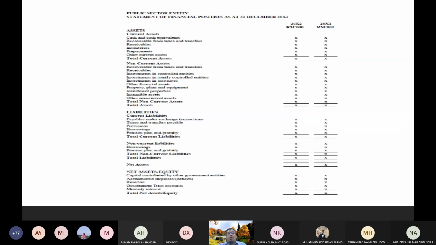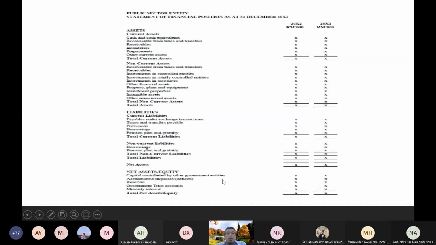If you look at the presentation, this is what should be there as a statement of financial position. Current assets, non-current assets, then current liabilities and non-current liabilities.